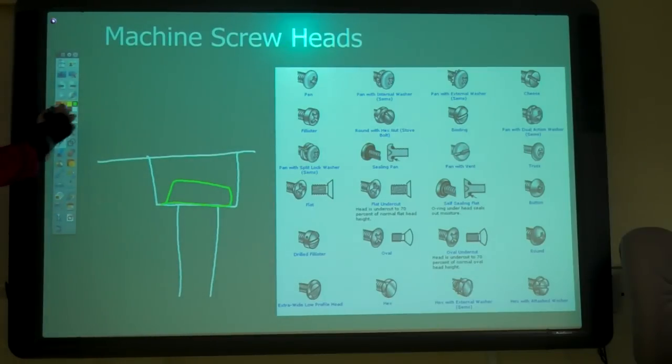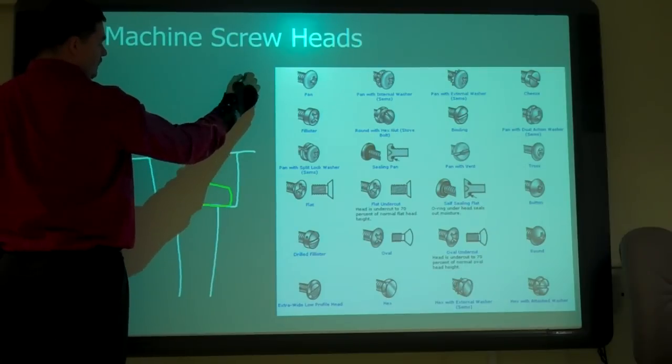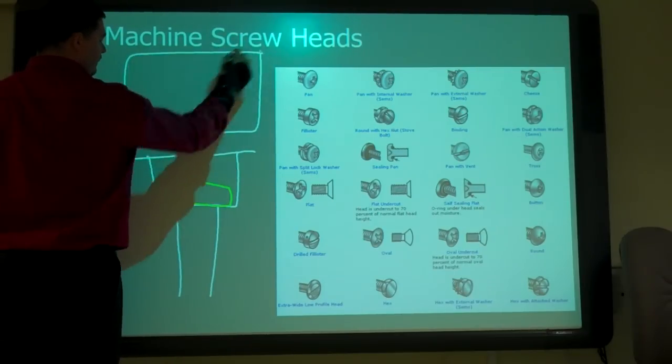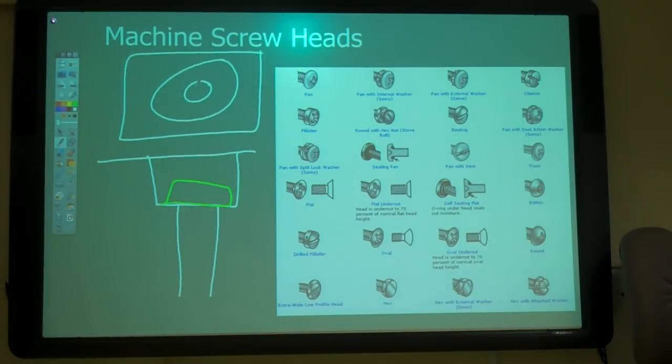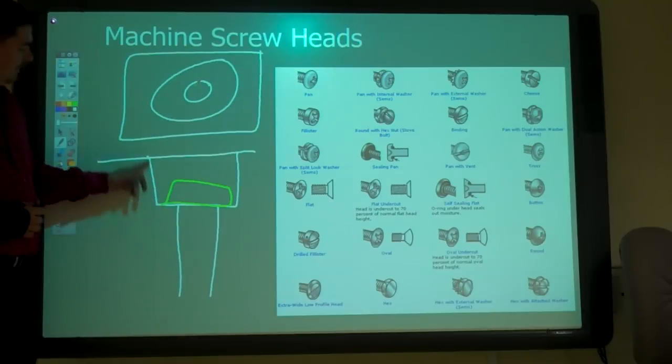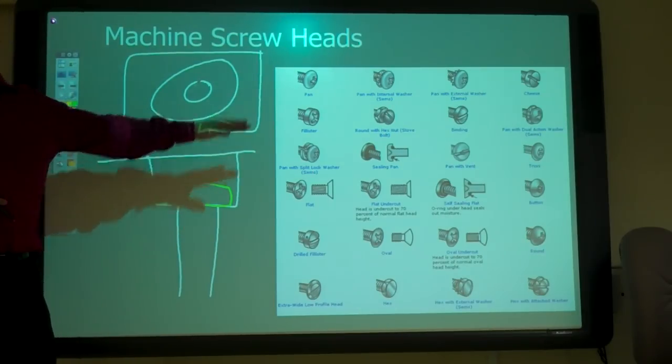What kind of hole is that? Not a countersink. So like there's my material, there's the outside hole, there's the inside hole. What kind of hole is that? Counterbore. So counterbore has straight sides. If you go down, countersink has the angle.